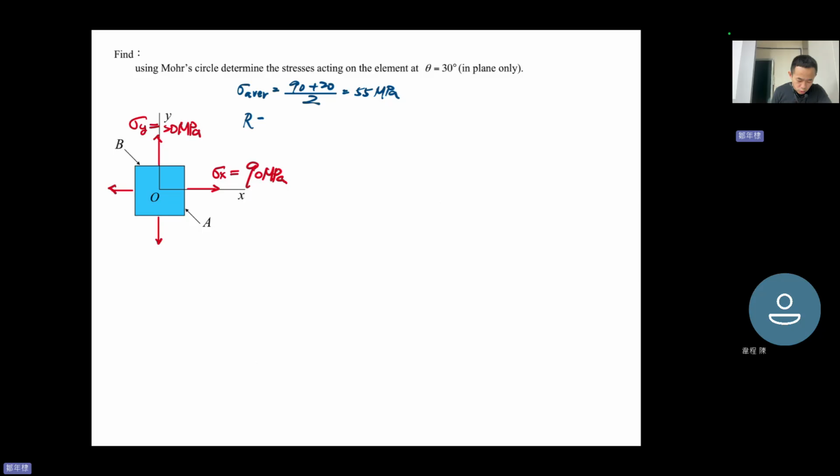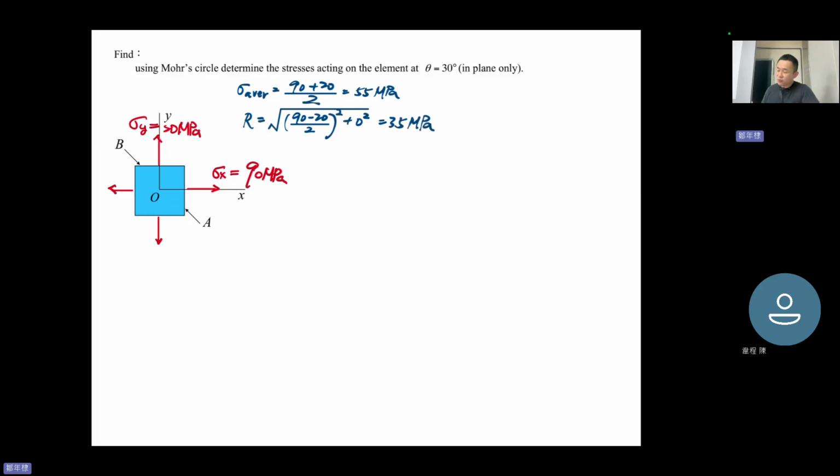And R equals the square root of, 90 minus 20 divided by 2 squared, plus 0 squared, because no shear, equal to 0. So R equals 35 MPa.